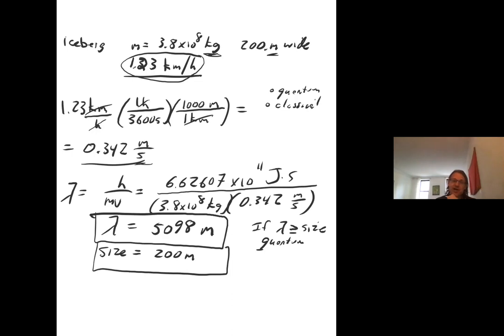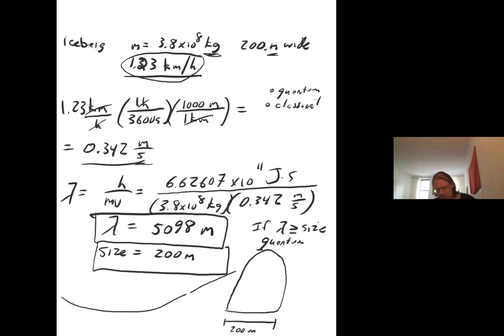So you've got this iceberg, which is 200 meters, though some icebergs are bigger than this, but the wavelength is so big I'm not even showing the whole thing. It's about 5,000, like 25 times the size. So this thing is going to behave like a wave, because the wavelength is spread out over such a large region.